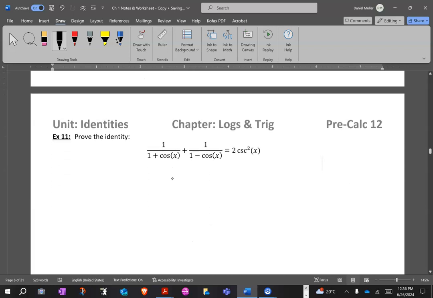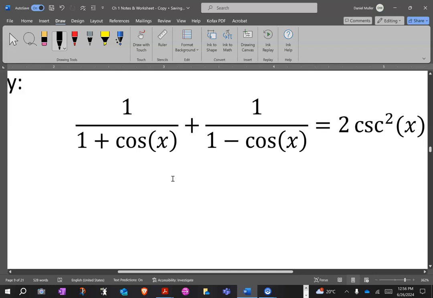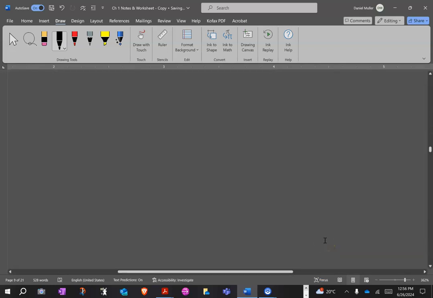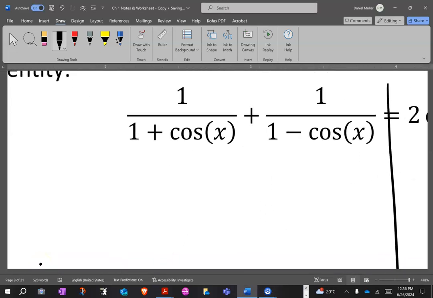Okay, so next one. Similar question. I see 2 fractions. You're going to need a common denominator. Obviously, we're going to do the one on the left. So I'm going to rewrite this with a little bit of space so I can multiply by the other denominator to get common. 1 minus cos x.